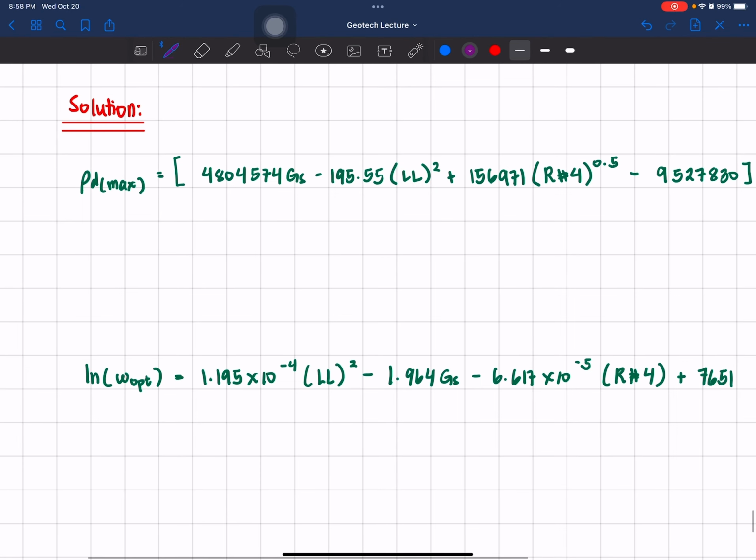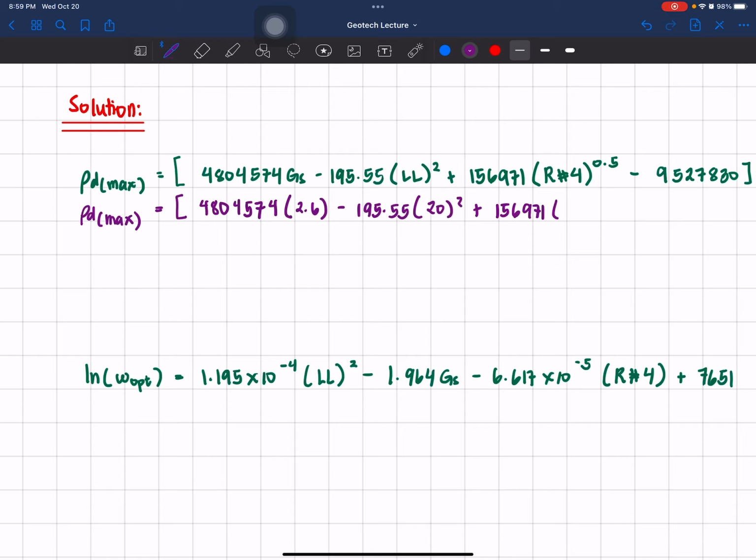I'll write here, rho dry maximum is now equal to 480,457.4 multiplied by 2.6 minus 195.55 times the liquid limit, that's 20 squared, plus 156,971 multiplied by 20 raised to 0.5 minus 9,527,830.